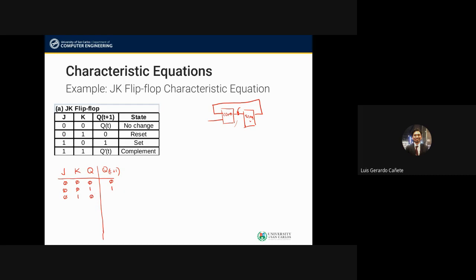When Q is equal to 0, regardless of the value of Q, we set Qt plus 1 to be equal to 0, just as we see here. So when this is 0, 1, and then this is 1, this is still going to be 0. So 0, 0, 0, 1, 0, 1. So this will be 0, 0, 1.